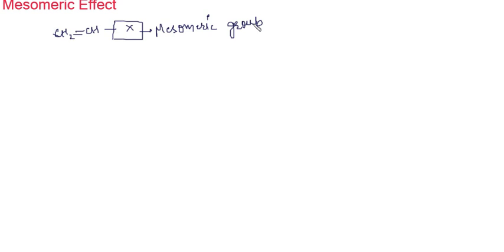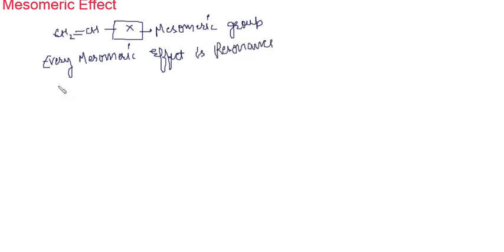Now, whenever we see p-pi resonance, that is known as the mesomeric effect, and every mesomeric effect is a resonance effect, but vice versa is not true.